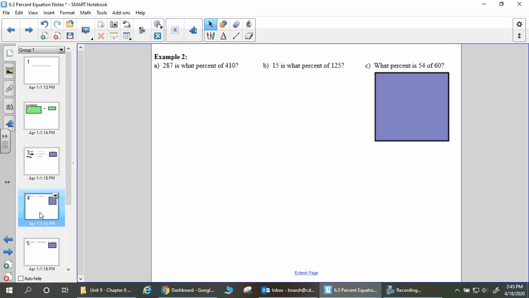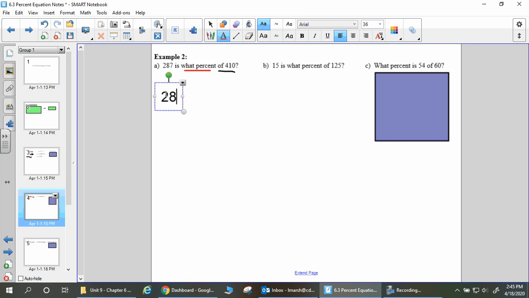Example 2 says, 287 is what percent of 410? So here I still have my of. The key is what percent. So here I'm going to be finding that percent. When I'm filling in my equation, the part is 287. What percent, so my letter P, of 410?